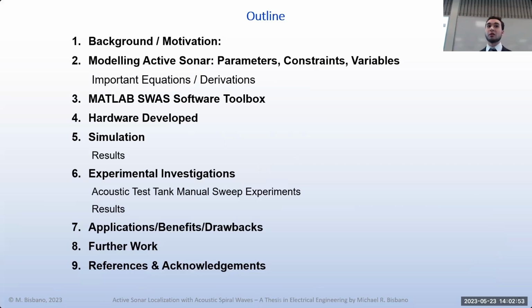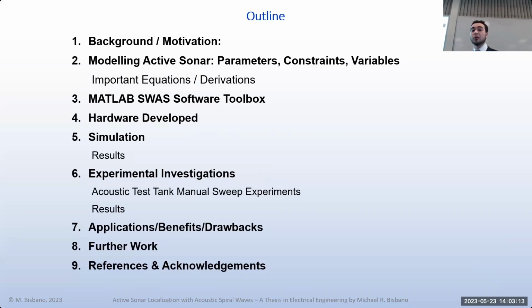So first thing I'm going to do is go into some background motivation. What is an acoustic spiral wave? What is active sonar? Why do we want to do this as opposed to conventional methods? And I'll break down some of the modeling of this active sonar, some of the parameters, constraints, and variables that we use, and then go over some important equations and derivations I've done.